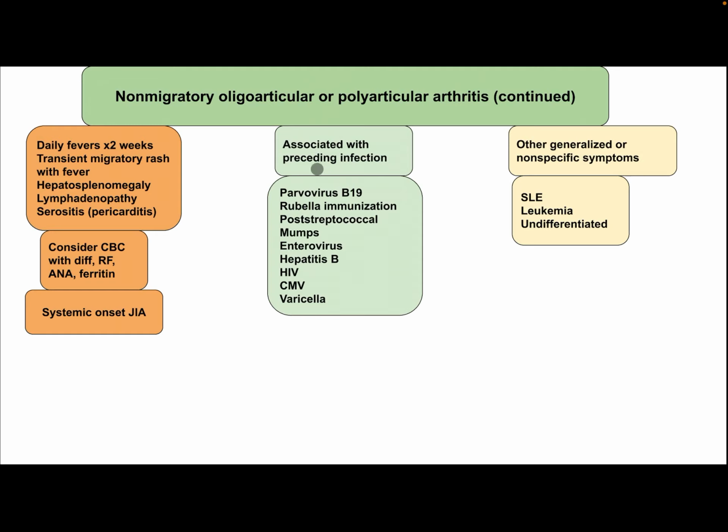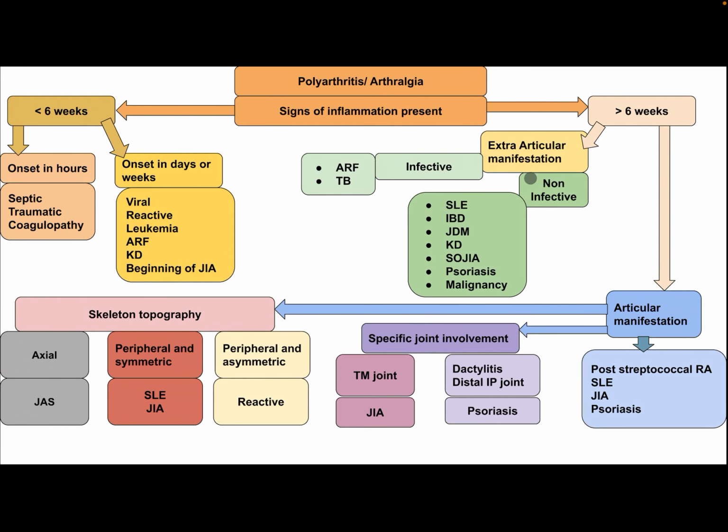If patient has association with a preceding infection, as we mentioned, parvovirus B19, rubella immunization, post-streptococcal, mumps, enterovirus, hepatitis B, HIV, cytomegalovirus, and varicella. If patient has other non-specific findings or generalized symptoms, differential diagnosis: SLE and leukemia or other undifferentiated arthritis.